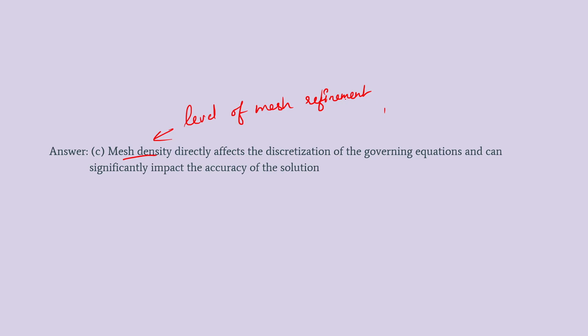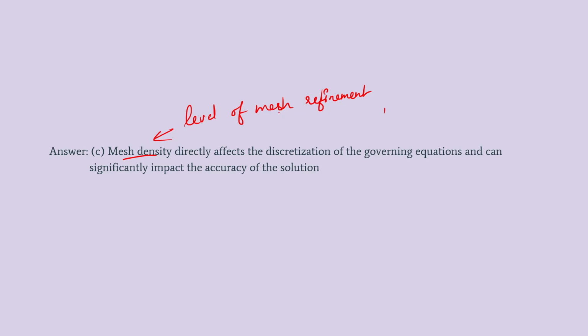That is, geometric proportion should be small enough to capture even the small variations. How small will depend on our requirement, but it should give the reasonable accuracy that we are expecting. That is a level of mesh refinement.